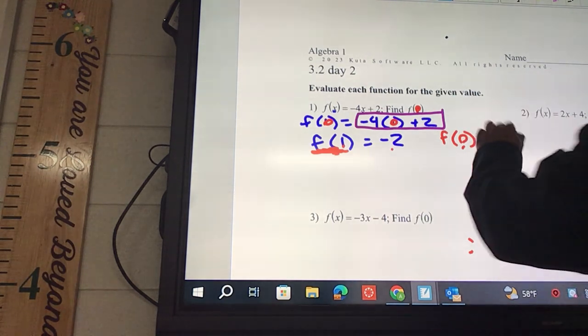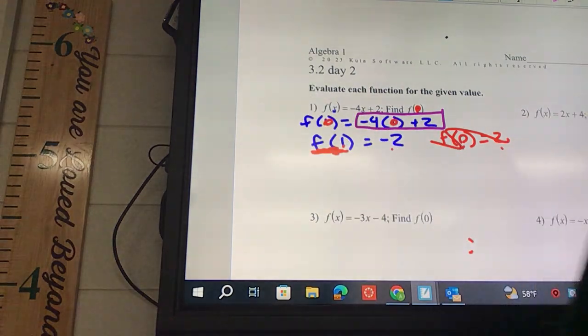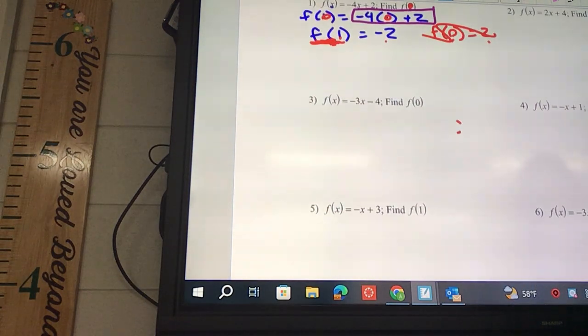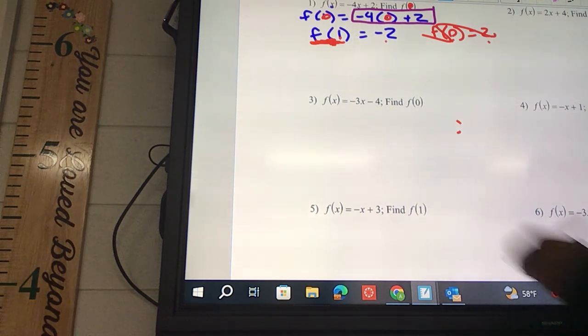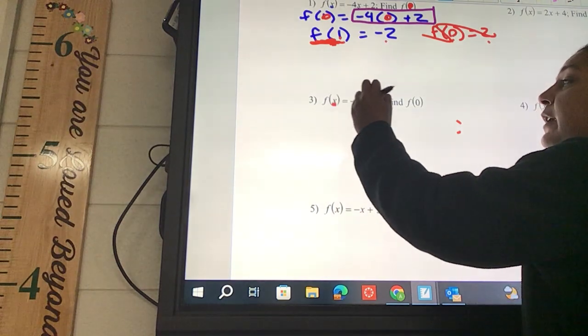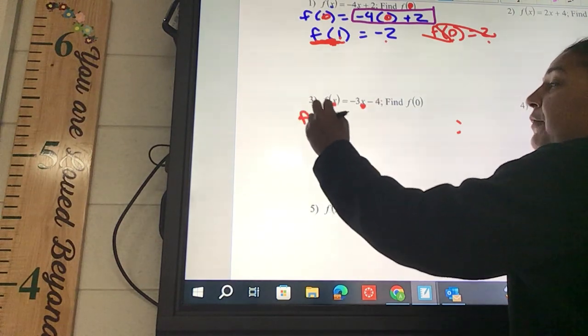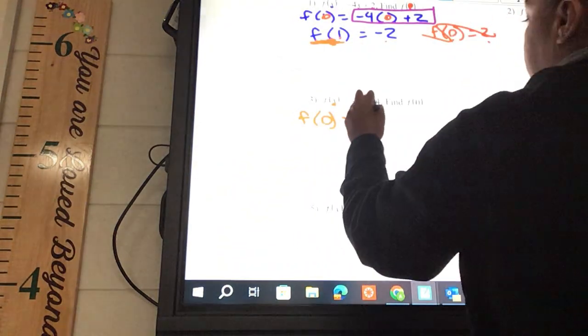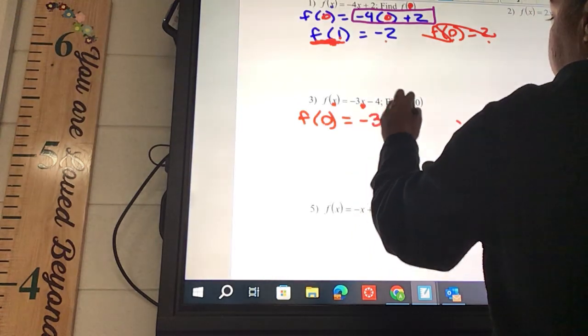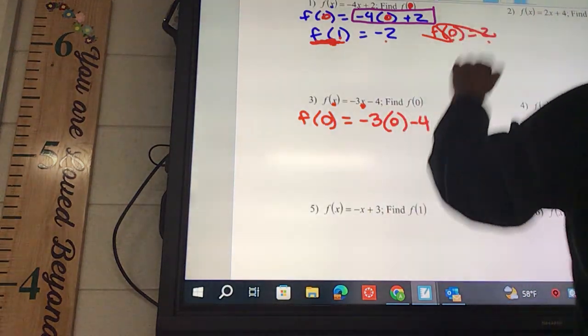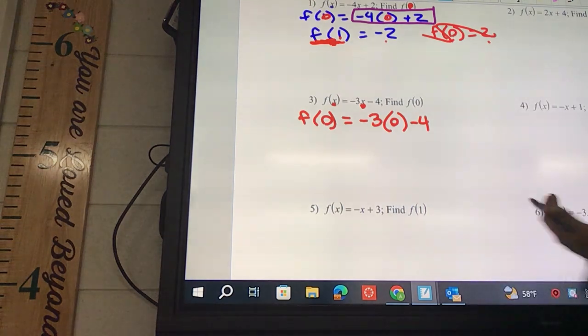All right, so let's look at number 3. What am I plugging in? F of what? 0. So right here there should be a 0, and right here we should put a 0. So f of 0 equals negative 3, parentheses 0, minus 4. We're going to plug that in our calculator.